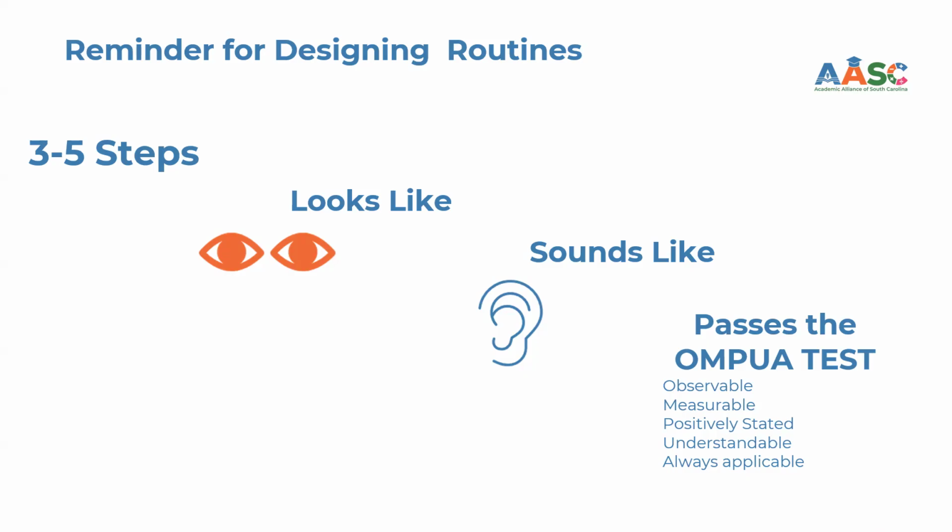Some of you said you have visuals, maybe pictures; whatever developmental level we have is what you use. And then it's always applicable. It needs to be something that you do every single time. You really have to think about that when you're designing routines, to make sure it's always the case. That's really important for students.